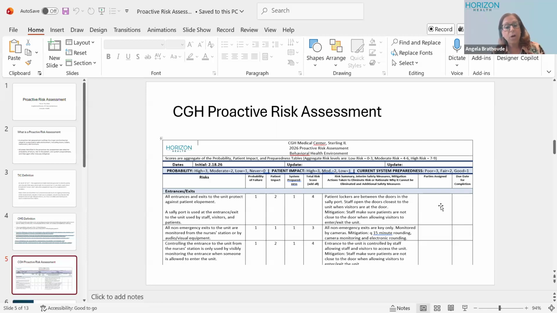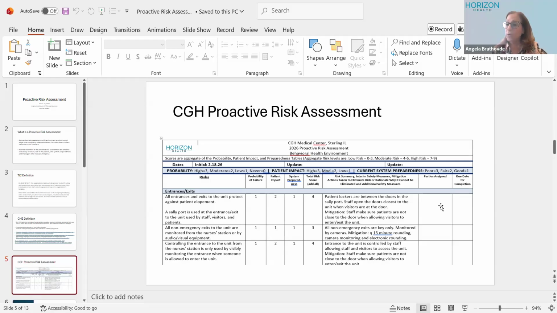So this first page looks at the entrances and the exits. Do we have a sally port? And how does that work? So a person with a badge comes through that set of double doors, and then they are faced with the sally port entrance.